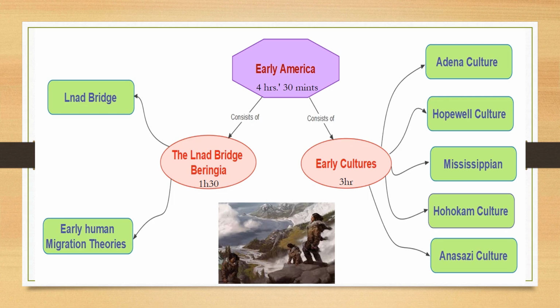However, in the second section, we will be introduced to the early American cultures such as Adena culture, Hopewell culture, Mississippian culture, Hohokam culture, and the Anasazi culture. And of course, in early America we don't have only these 5 cultures, but we have hundreds of cultures and tribes that we cannot mention all of them in one lesson.